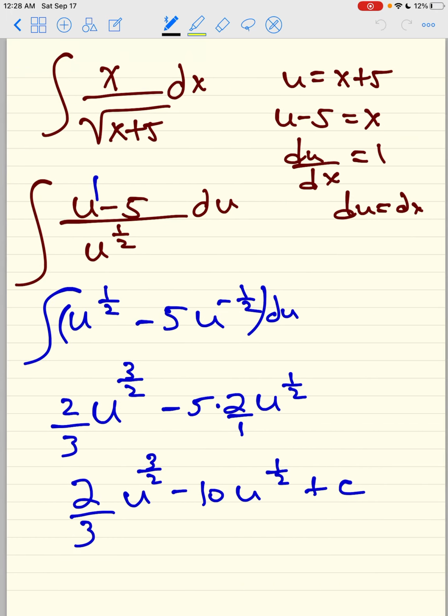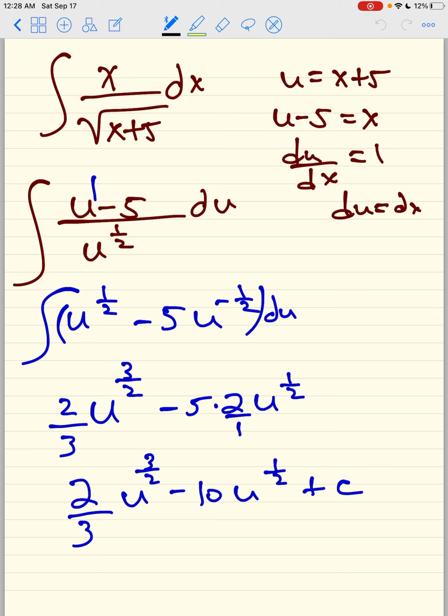Okay? So for the next one, I actually made a mistake when I created the problem. I was trying to create a problem very similar to the one on my exam, and I basically swapped the problem. So on your paper, you'll see a square root of x plus 5 over x, but you should switch it.